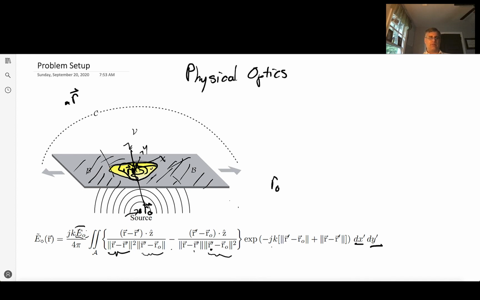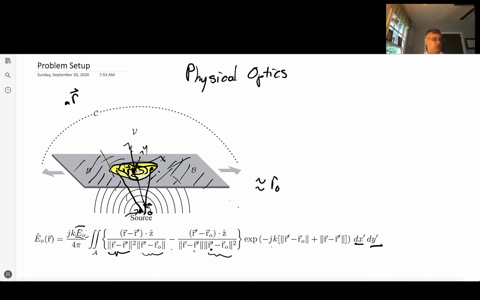Well, if I move over here and I try to pick up a contribution from that point to the source, chances are either that distance or some other distance is going to be pretty close to r naught. And because it's in the amplitude, it doesn't really change it if I'm a little bit off. In fact, presumably I'm going to be a little bit off in one direction on this side, a little bit off in one direction on that side, and it won't make too much of a difference. Some of these errors in amplitude will actually cancel each other out as I integrate over all the distances.